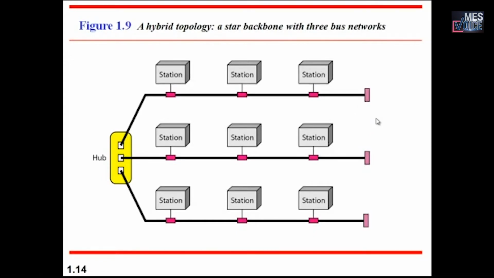Hybrid topology. You know that all these topologies that we discussed earlier could be integrated to form a hybrid topology. Just like in the figure where all the systems are connected to 3 buses and all the 3 buses are connected to a hub, which forms a hybrid topology of a star backbone with 3 bus networks.